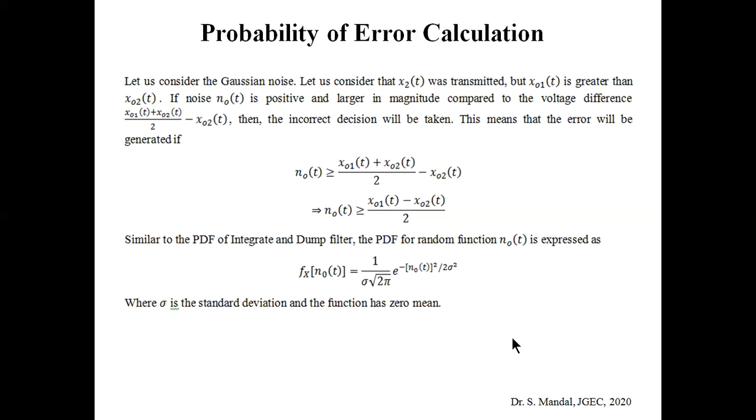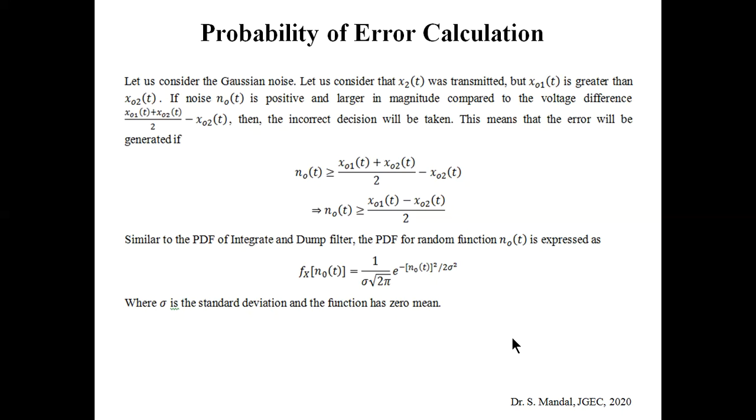So the output should be x02t, but somehow due to the presence of noise, the output of the optimum filter becomes greater than the decision boundary. If the noise n0 is positive and larger in magnitude than the voltage difference between the decision boundary, (x01t + x02t)/2, and x02t, then an incorrect decision will be taken.